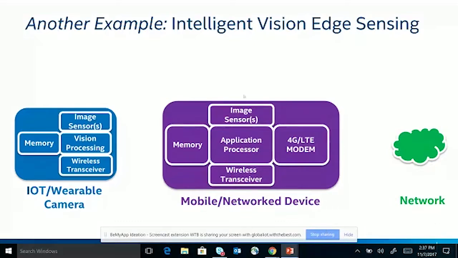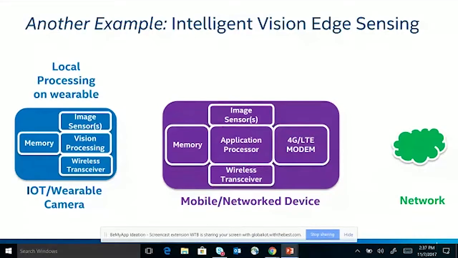You may be sending then information onto, let's say, a mobile or network device. Let's say this represents your gateway, and you're potentially bringing in other sensors, maybe from other parts of an IoT system, and you're starting to fuse data together. And then let's just say you're sending it out on the network.